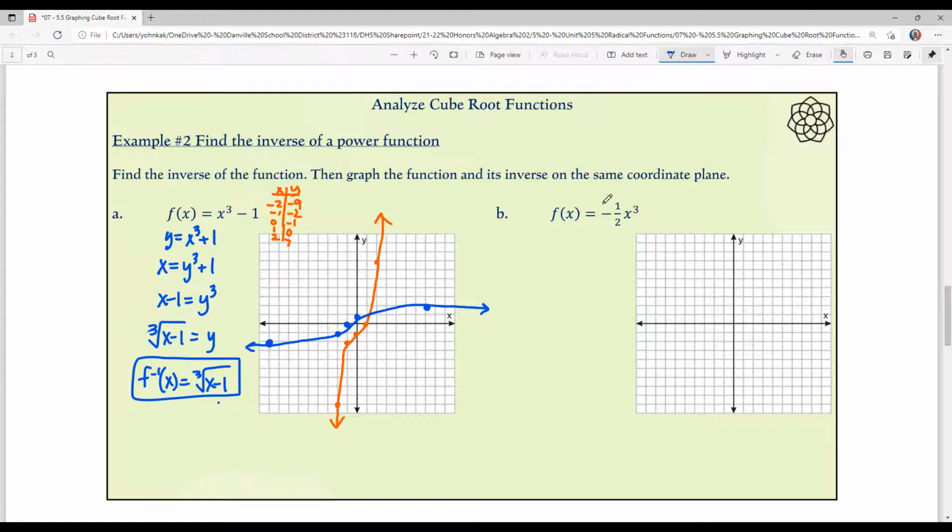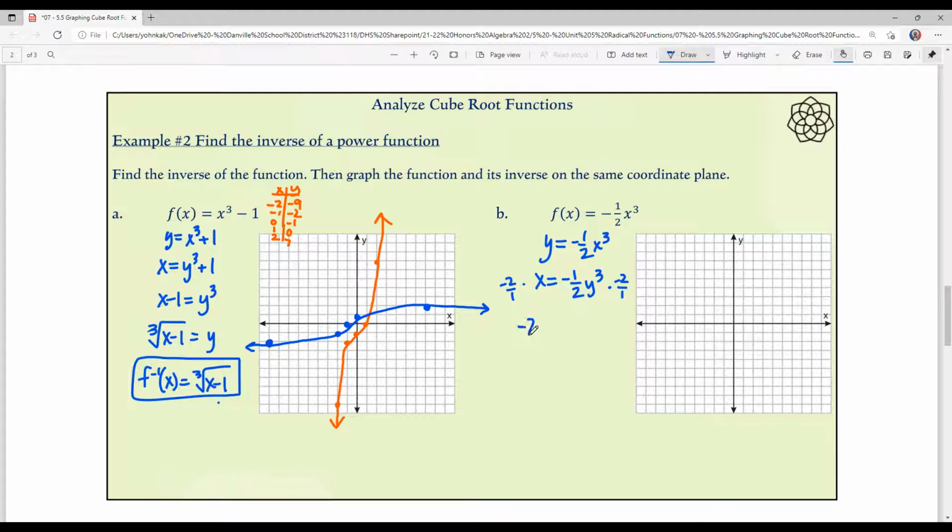Part B, f of x equals -1/2 x cubed. So swap out the f of x for a y. So y equals -1/2 x cubed. Switch the x and y. So x equals -1/2 y cubed. I need to get rid of the -1/2. So let's multiply both sides by -2/1.